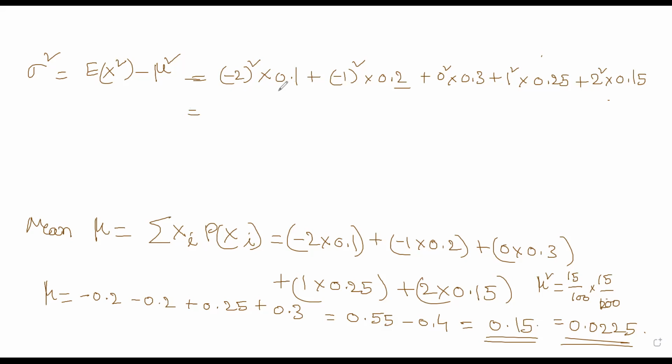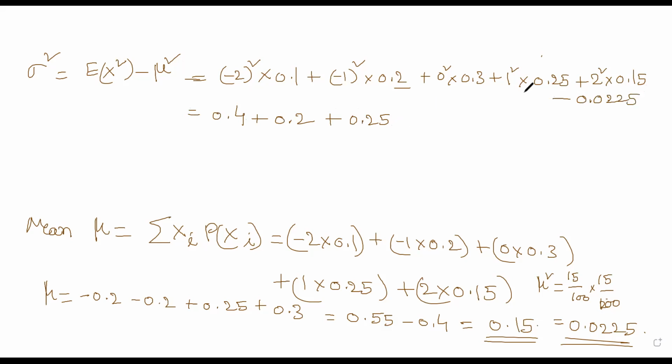That is 4 into 0.1, that is 0.4. 1 into 0.2, that is 0.2. Now 1 into 0.25, that is 0.25. Minus mu square, I forgot: minus 0.0225. This we have to put.